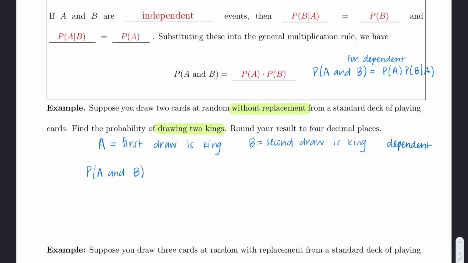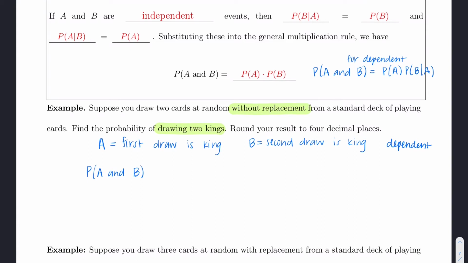The next part of this example is determining whether these events are independent or dependent. To figure this out, pretend you have a deck of cards and you pull one out and it's a king. You look at the king and say, oh, how cool, and you put it off to the side. There are now not as many cards in your deck, and there are not as many kings.